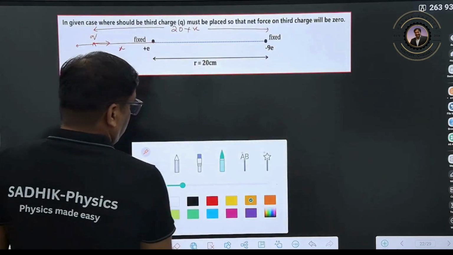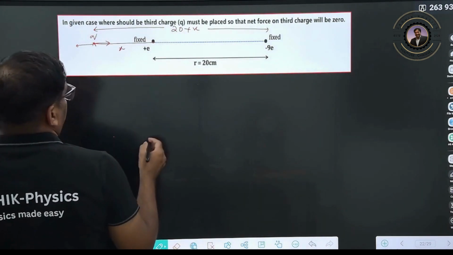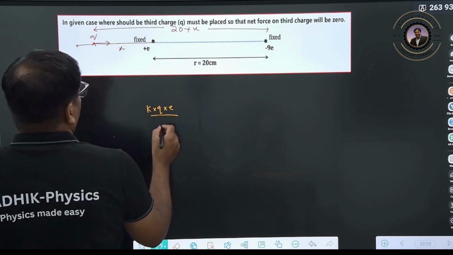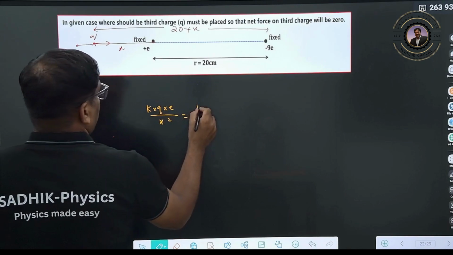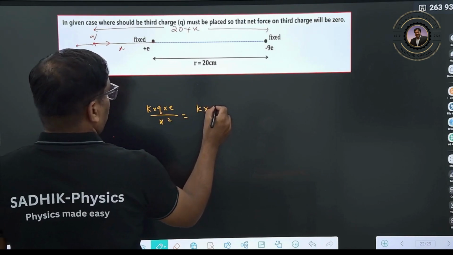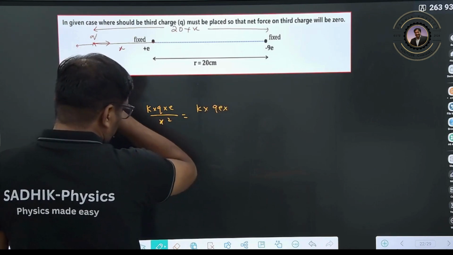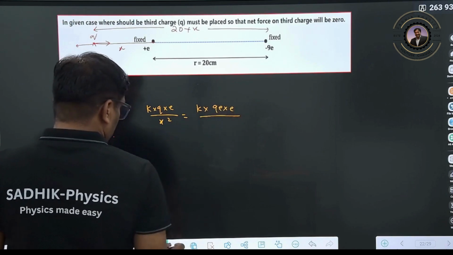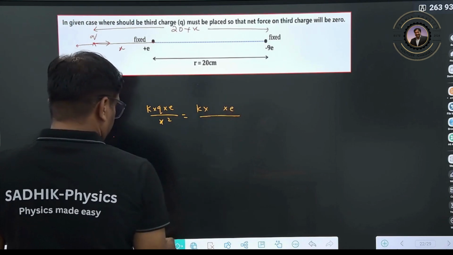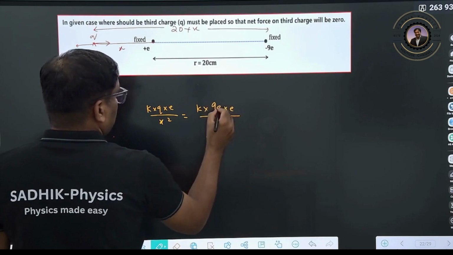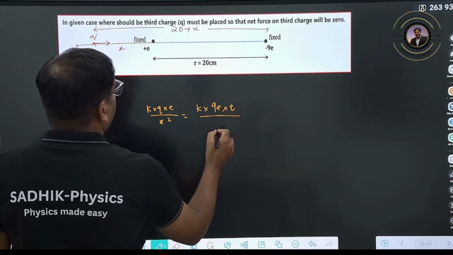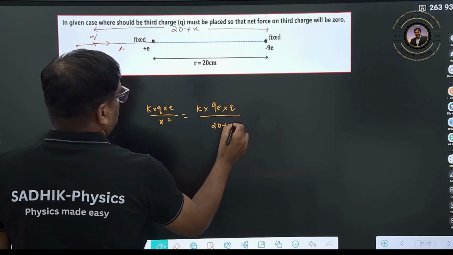So what will you get now? Repulsion: k into q into E by x square is equal to k into 9E into q by 20 plus x whole square.